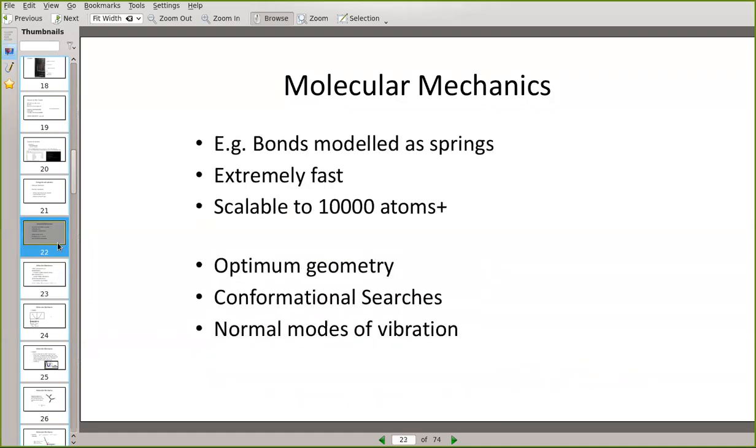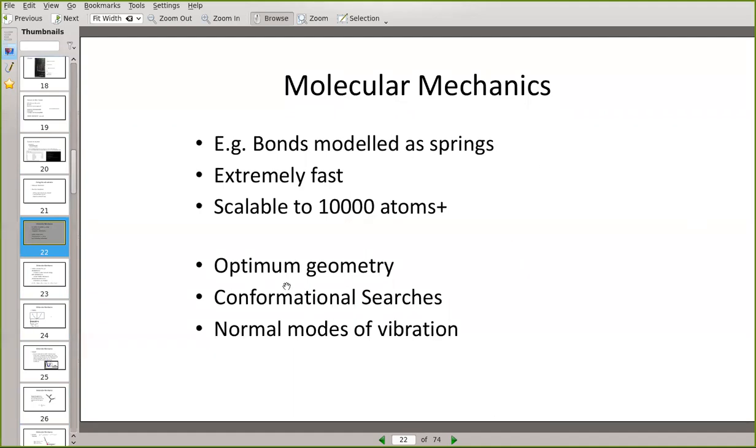But there are things that molecular mechanics can't do. So if you're interested in anything on your molecule that involves orbitals, if you're looking at absorption of light for a molecule, molecular mechanics isn't really the perfect choice for that.